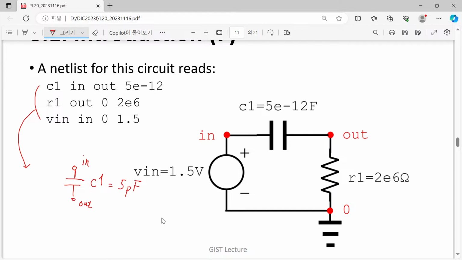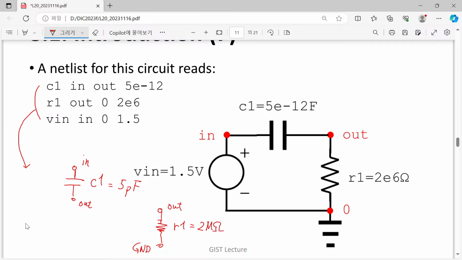And another one is R1, and this one is connected to out and ground, and it has 2 times 10 to the 6. What is it? This is just 2 mega ohm.